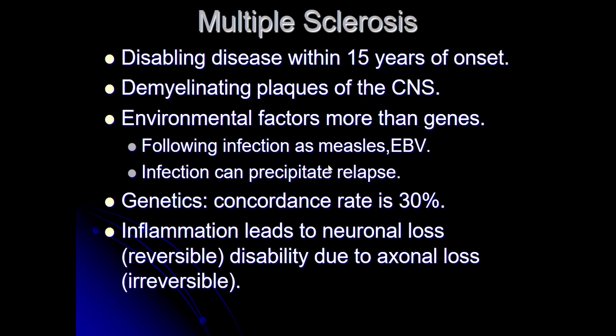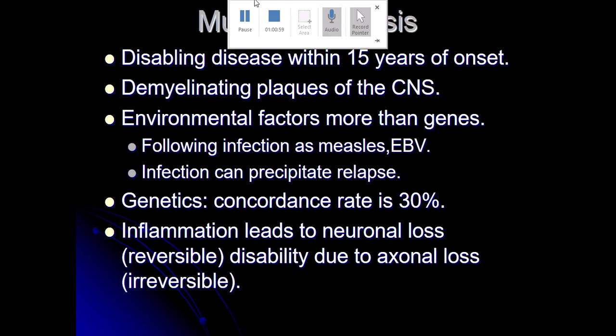So environmental factors are usually 70%. Inflammation leads to neuronal loss and destruction, and to start with it is a reversible disability, meaning there is a relapse, due to axonal loss. It will then be permanent damage and the condition becomes irreversible.